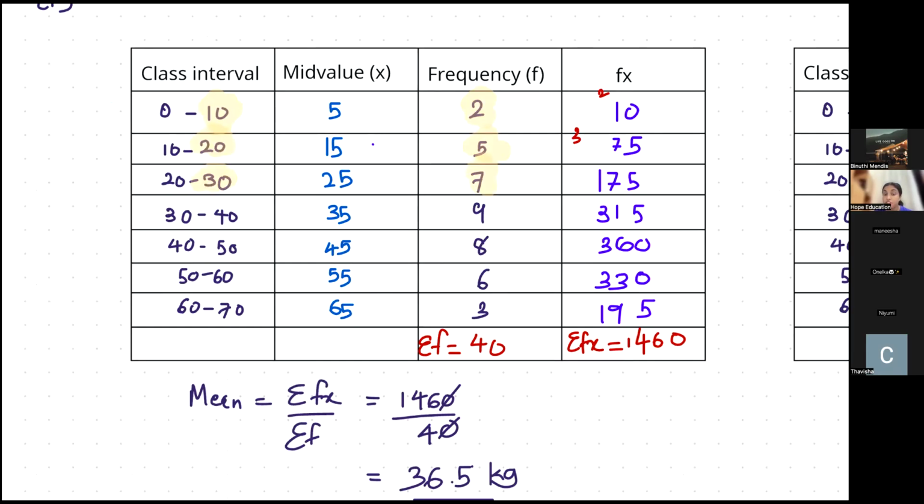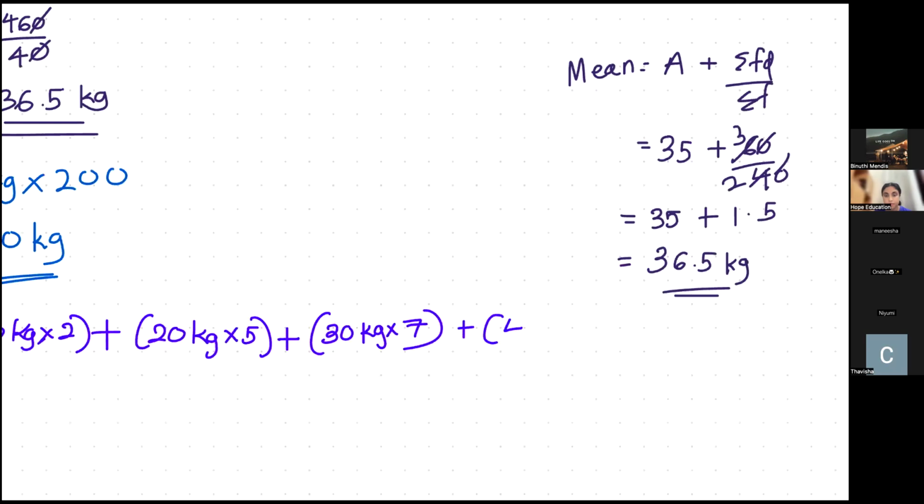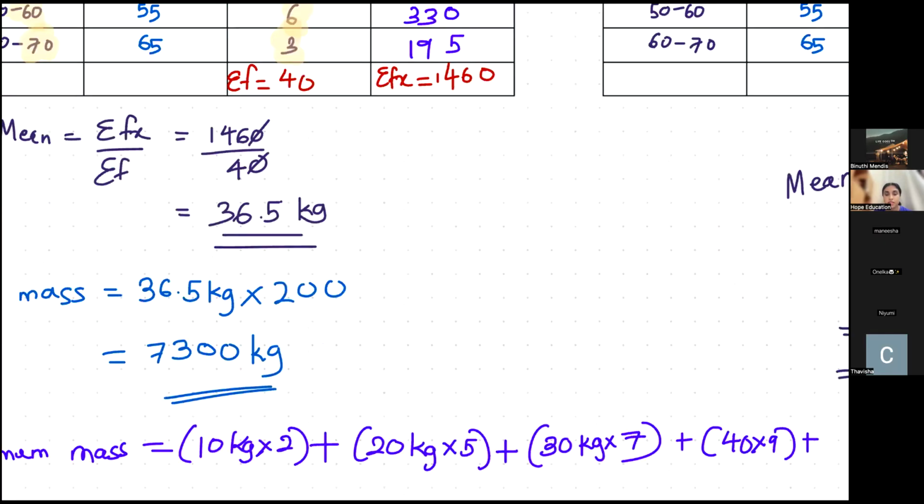Maximum mass 40 kg, there are 9 bags. Maximum mass 50 kg, there are 8 bags. Maximum mass 60, there are 6 bags. Maximum mass 70 kg, there are 3 bags. We multiply these maximums. So 40 times 9, 50 times 8.